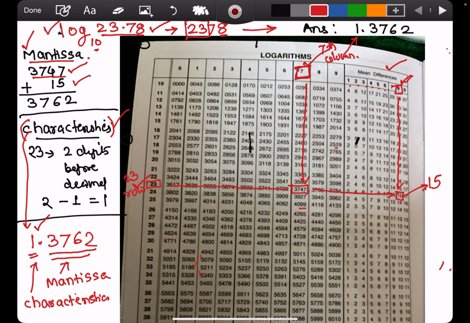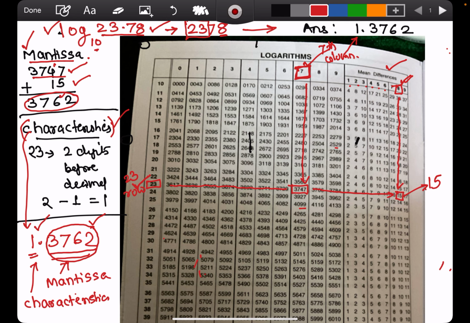Then I add: 7 plus 5, 12, 1 carry, 4 plus 1, 5, and 6, 7, 3. So I get the addition as 3762. So I get the mantissa of my answer. I get 3762 as my mantissa. So part of my answer is correct. That is, I got 3762.